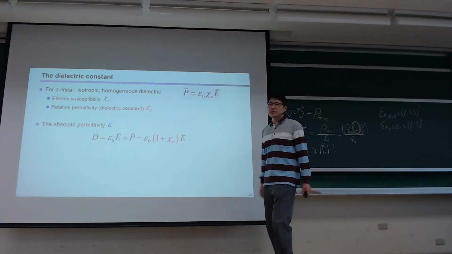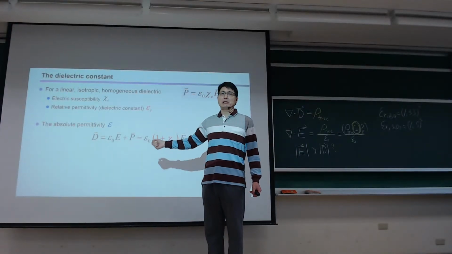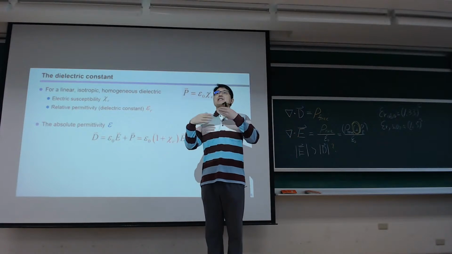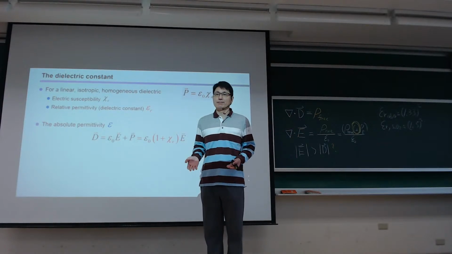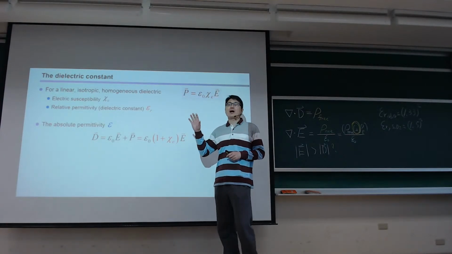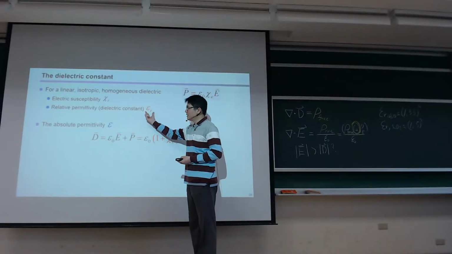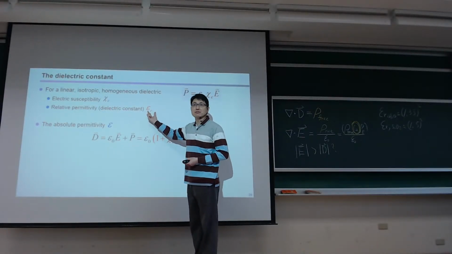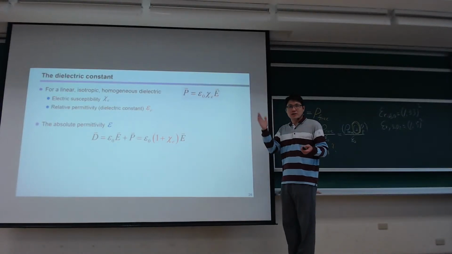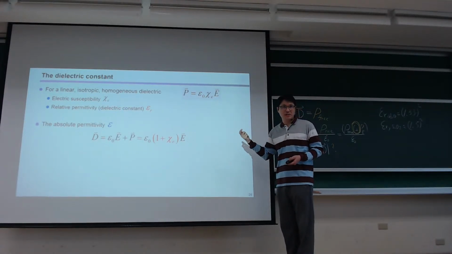So in the future, you only look for this relative permittivity, and you can calculate and classify the material response. All dielectric responses are fully represented by this relative permittivity. It's a constant. Once you know its operational frequency, it's just one constant.